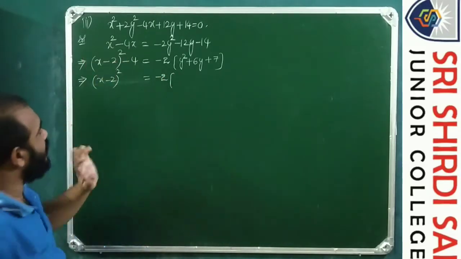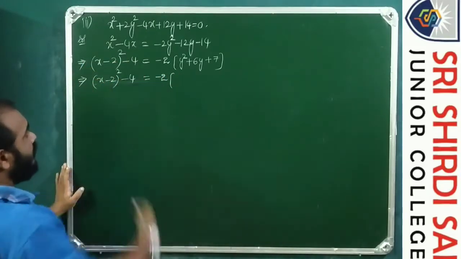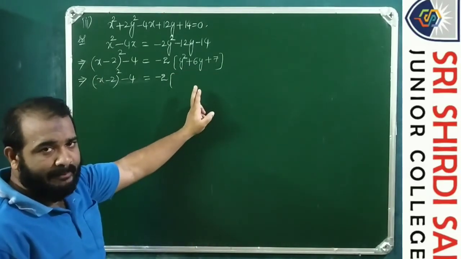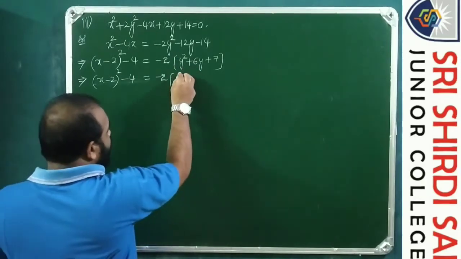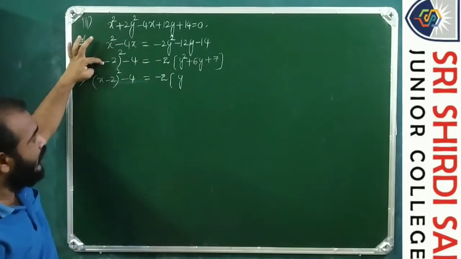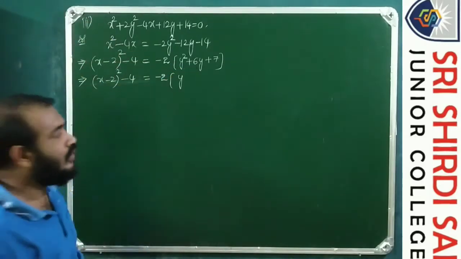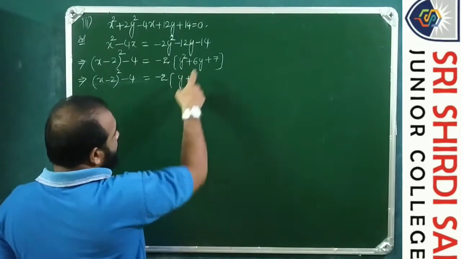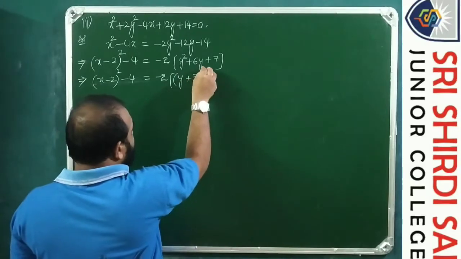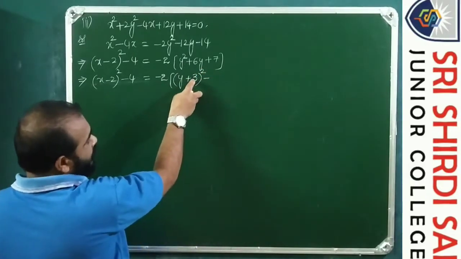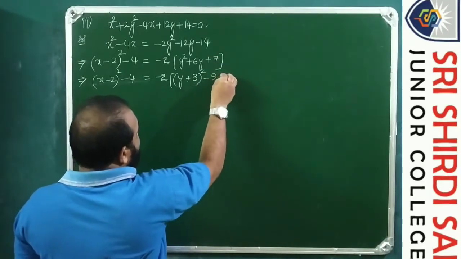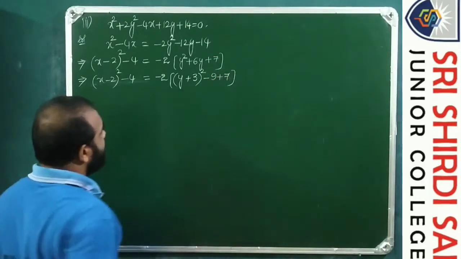This can be written as a plus b whole square. How? Y square, y plus, since it is plus we write plus. The coefficient of y is 6, half of it is 3. Complete the square: minus whatever you write here, its square, 3 square which is 9, plus 7 as usual.